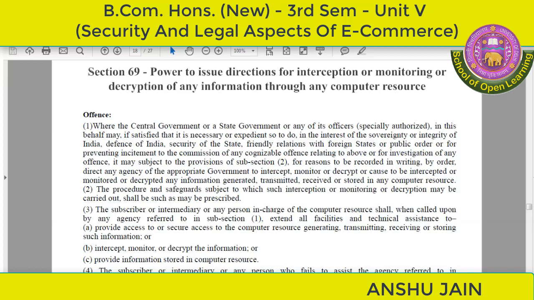Basically, whenever we share or transfer a file from one place to another, it has to be in encrypted form, in coded language, and once it has been received by the actual receiver who was supposed to receive the file, the file will be converted again into the normal language which we can understand. The coded language is decoded back, and that is known as decryption. Now, what is the offense in this?